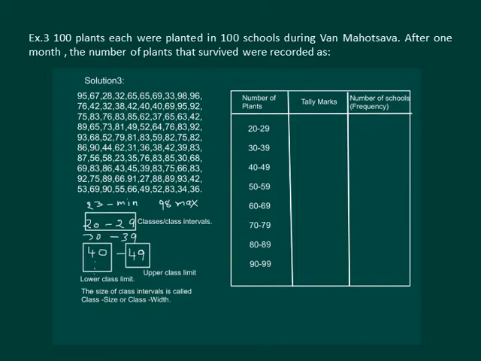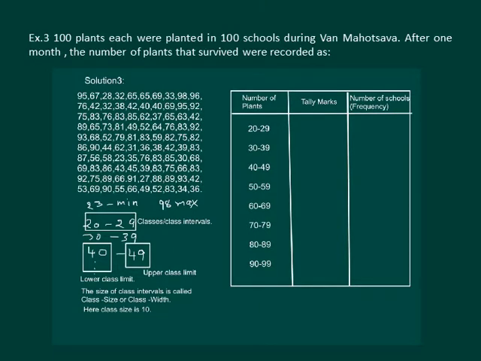And the size of the class interval is called class size or the class width. In this case, class size is 10. Let us now come back to our table and complete it.